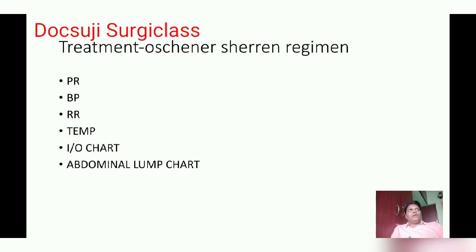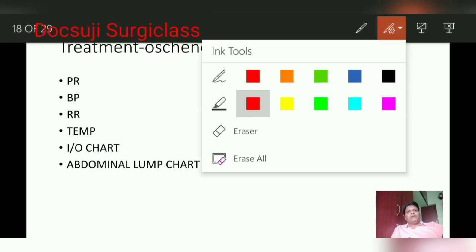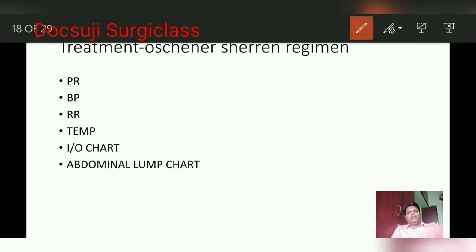What you have to do is monitoring. You monitor the pulse rate, then blood pressure, then respiratory rate, then temperature. The four vitals you have to keep on monitoring, and then an IO chart, what the patient is taking in and the output. Then an abdominal lump chart. So you try to assess the abdominal lump.